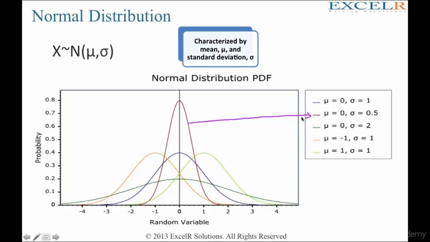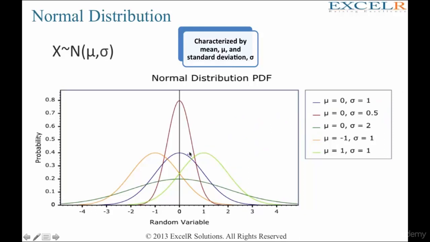Now, in comparison to the original curve, if I let the average remain as is and I increase the variation or standard deviation, what would happen? In comparison to the original curve, your curve would increase in width, and that is given using this dark green curve.